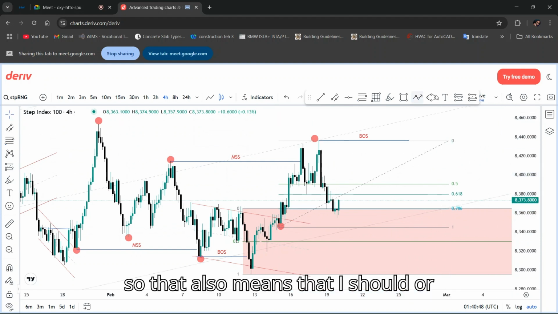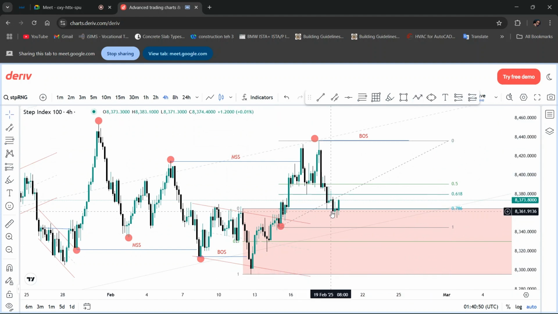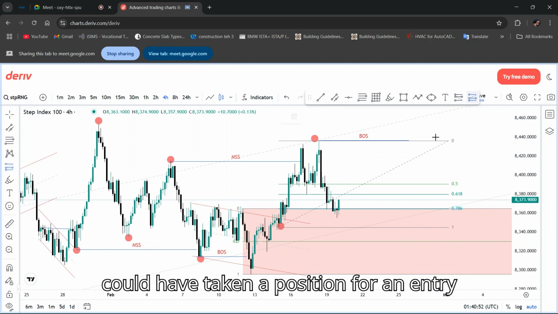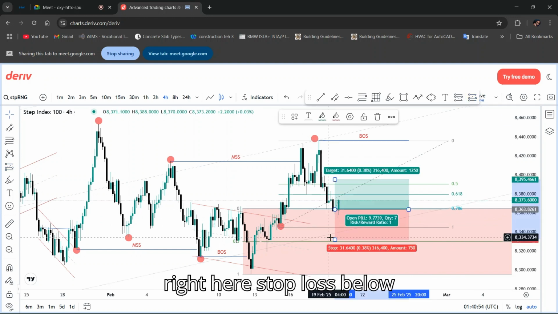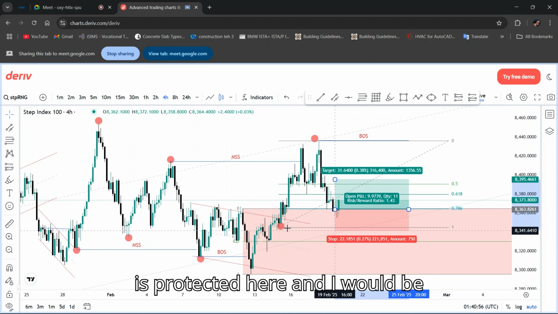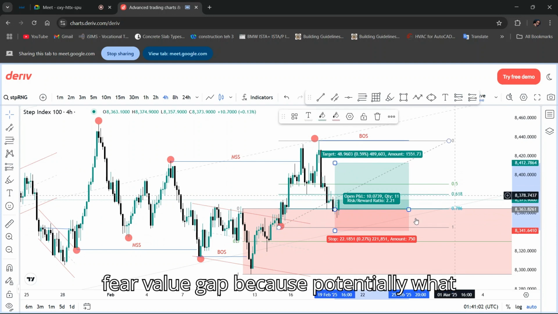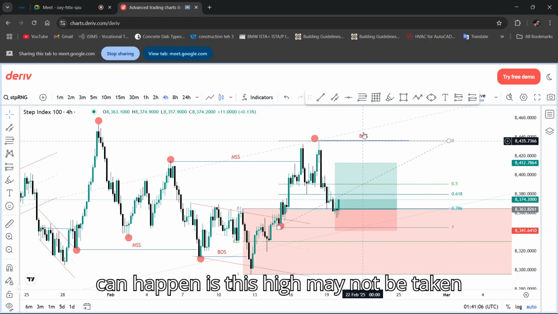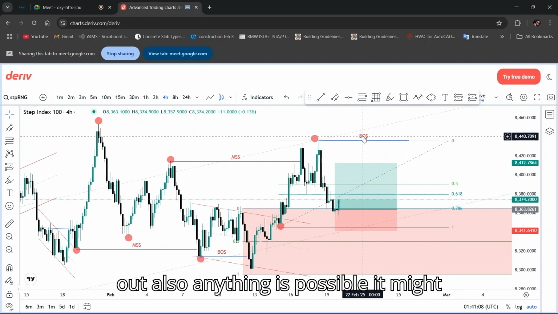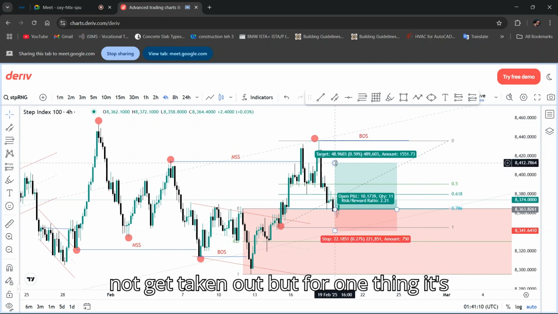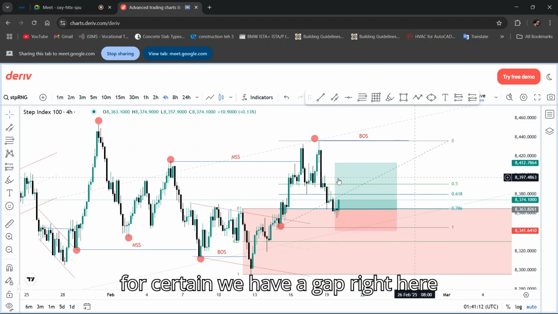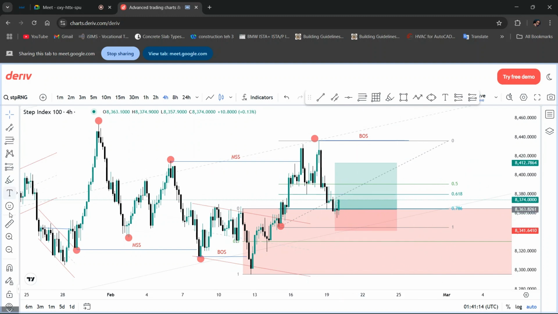That also means that I should or could have taken a position for an entry right here. Stop loss below this protected area, and I would be aiming for the fair value gap, because potentially what can happen is this high may not be taken out also. Anything is possible. It might not get taken out, but one thing is for certain, we have a gap right here.